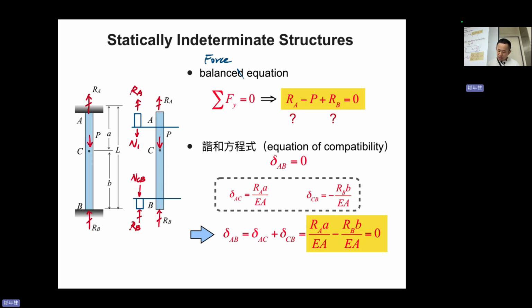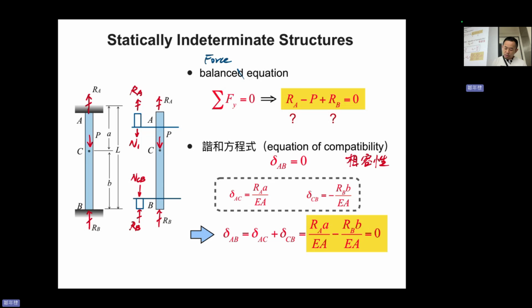Compatibility in Chinese is 相容性. Which means that you need to satisfy the boundary condition. Because you have two extra fixed, the ceiling and the floor, right? So it must introduce a further equation, delta AB equals 0.